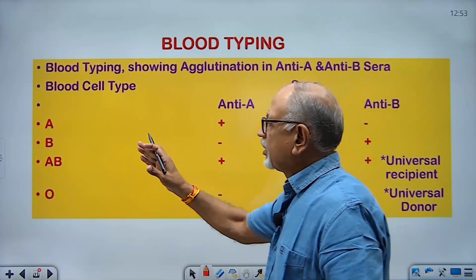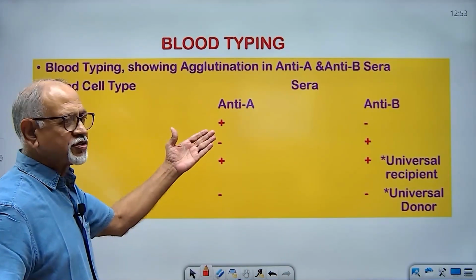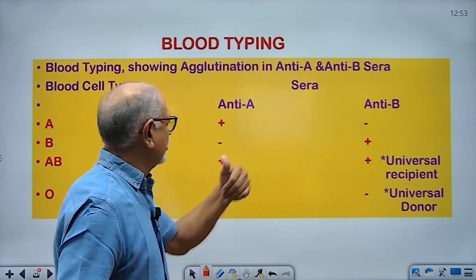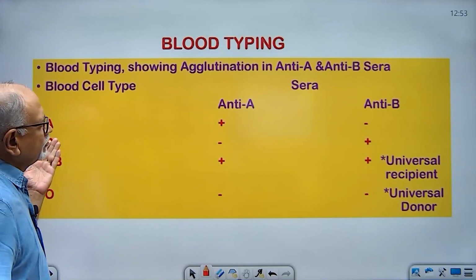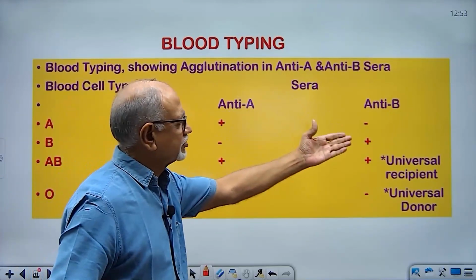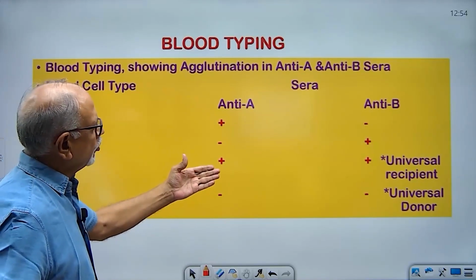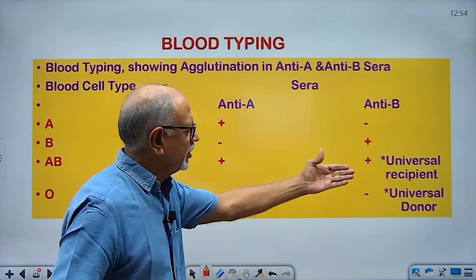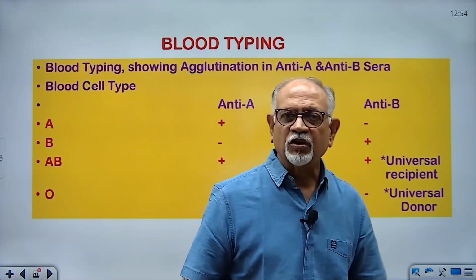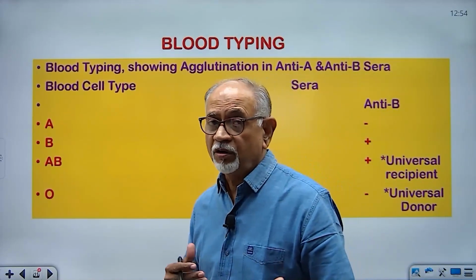A person with blood group A, when tested, gives a positive reaction in antiserum A and a negative reaction in antiserum B. In B blood group, there is a negative reaction in antiserum A and a positive reaction in antiserum B. In case of AB, a positive reaction in both antiserum A and antiserum B. Such people are called universal recipients because they do not have antibody for either A or B.